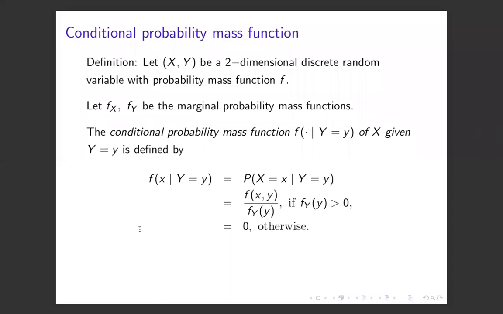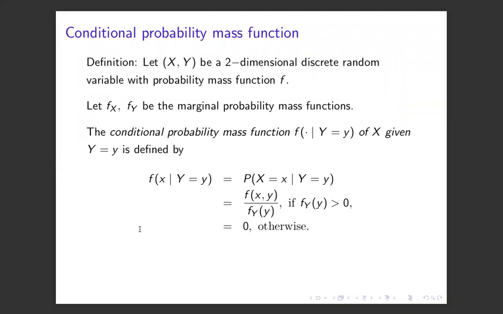So let XY be a two-dimensional discrete random variable. Let us say little f denotes its probability mass function. Let f sub X and f sub Y denote the marginal probability mass functions. The conditional probability mass function of X given capital Y equal to little y is basically the probability X equal to little x given Y equal to y.